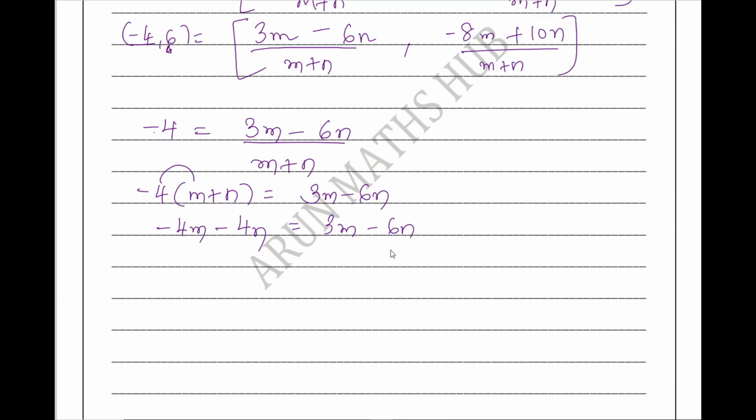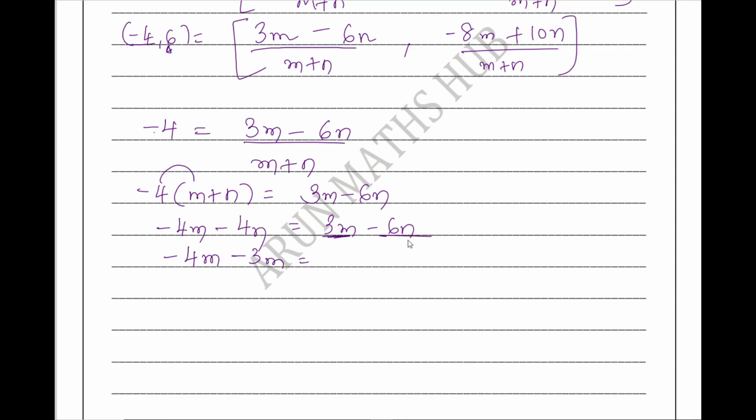Now you should simplify in such a way that all the m terms are on the LHS and the n terms are on the RHS. I'll keep all the m terms, that is minus 4m, on the LHS. We have 3m; shifted to the LHS, it becomes minus 3m.